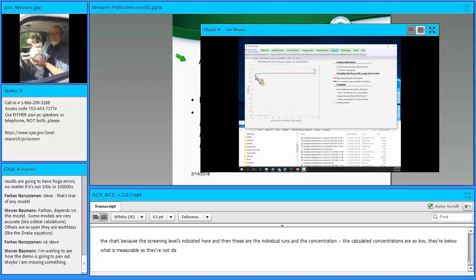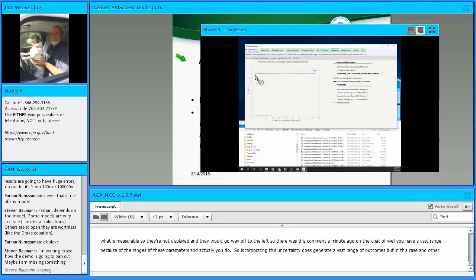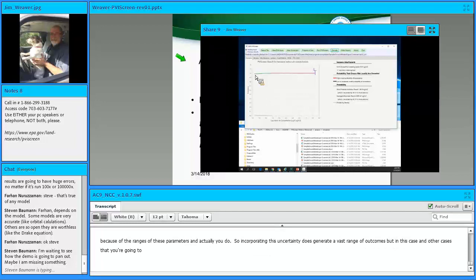So there was this comment a minute ago on the chat of, well, you have a vast range because of the ranges of these parameters, and actually you do. So incorporating this uncertainty does generate a vast range of outcomes, but in this case and other cases that you're going to see, they indicate there isn't a potential for vapor intrusion.